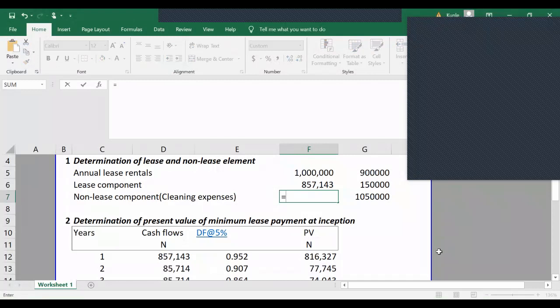While we are doing the same thing, this time we'll be using 150,000 divided by 1,050,000 multiplied by 1 million naira. That gives us 142,857, right? That is the non-lease component.